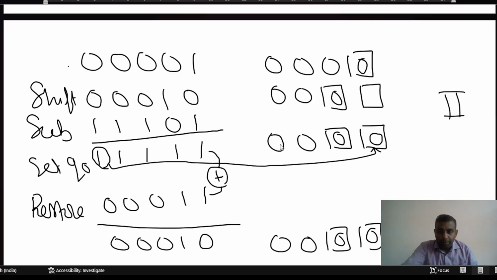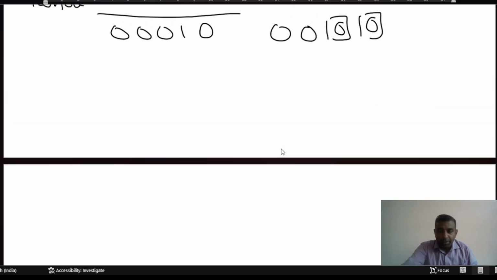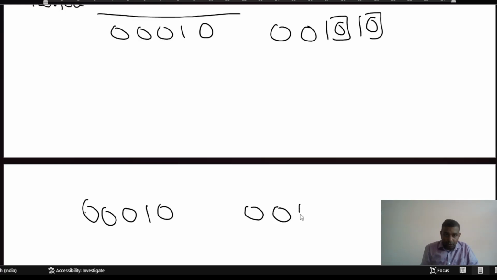Now we will perform cycle number 3. Before that, we get the result of cycle number 2: 0 0 1 0 0 0 0.